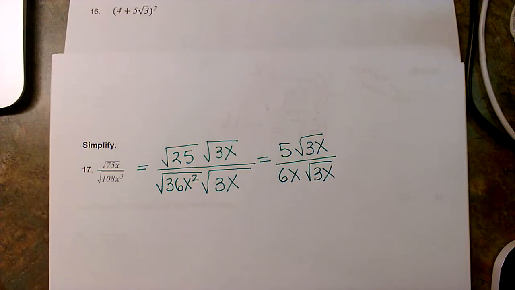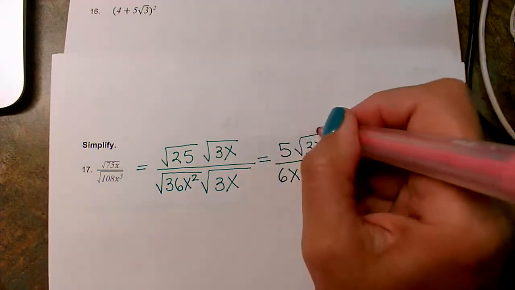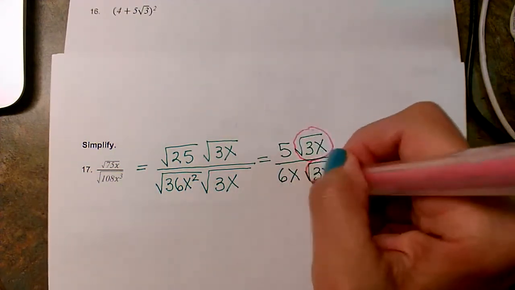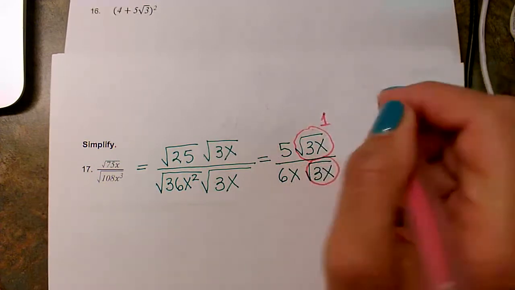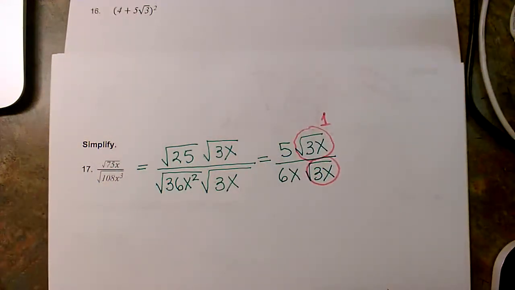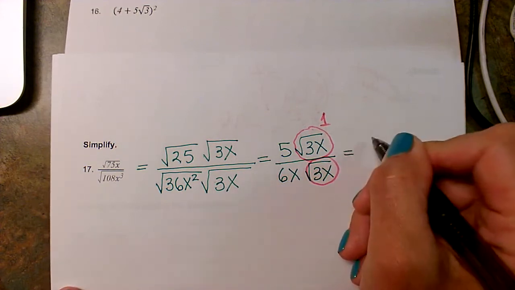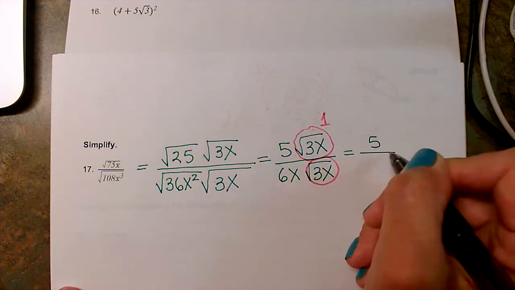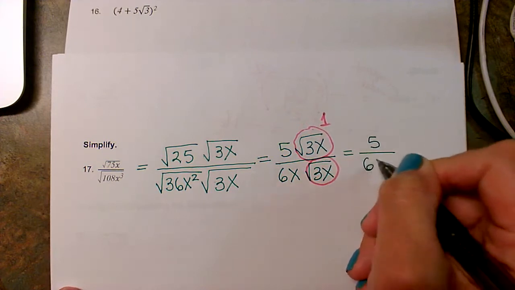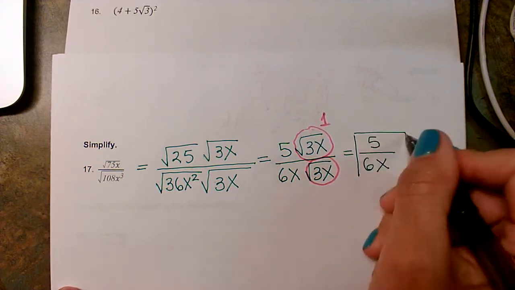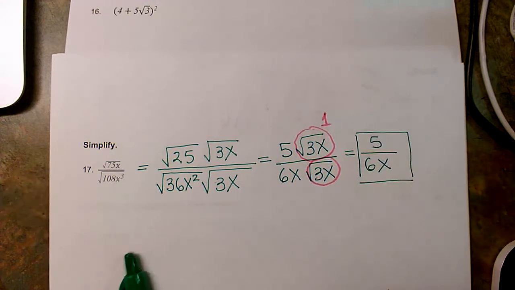So right here, making a 1, right? And what we have left here is a 5 on the top and a 6x on the bottom. That's it.